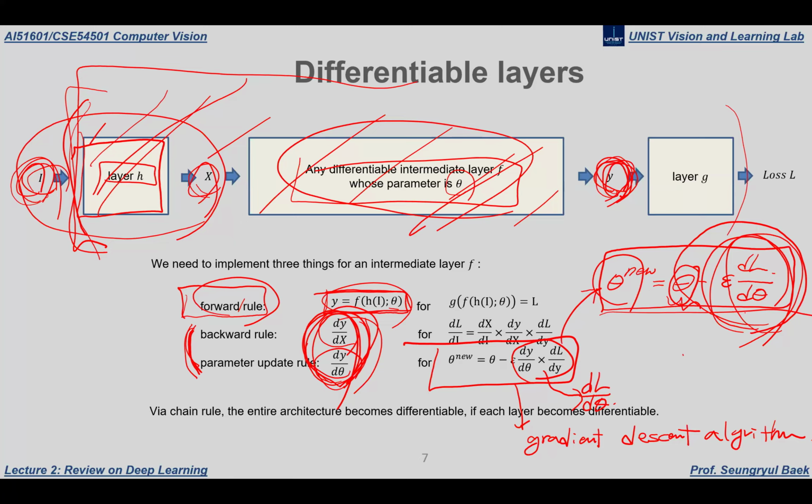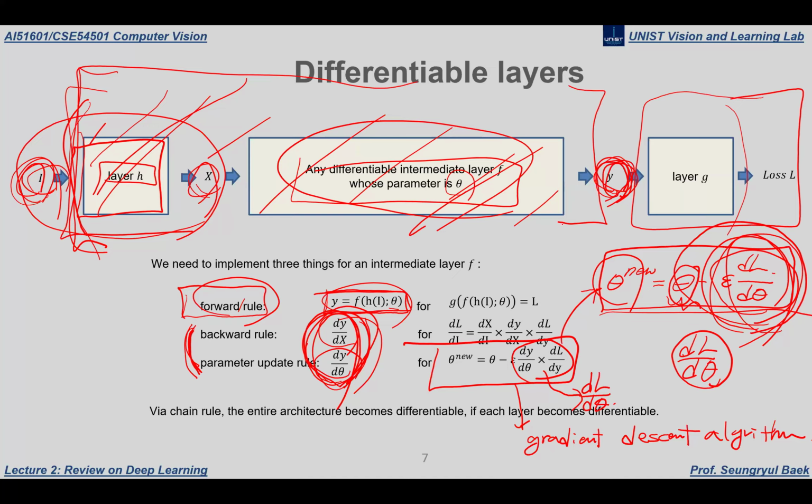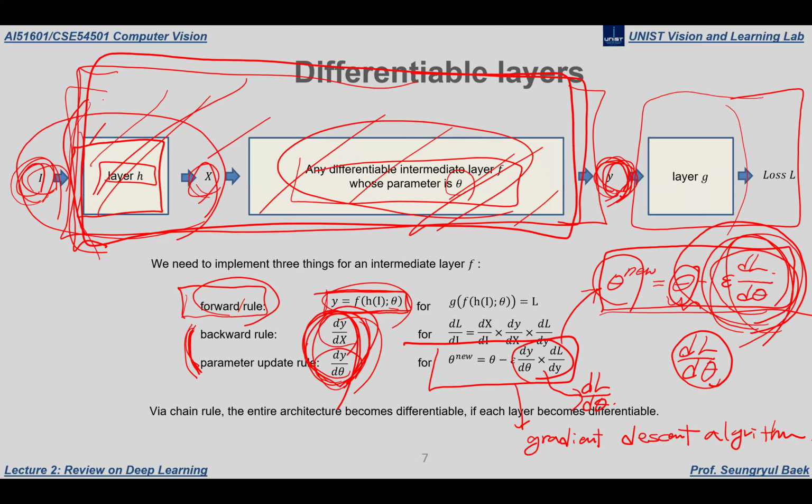And what this dL over d theta means, you have to understand this. From now on, you have to understand what these subsequent layers are also doing. This is the final deep learning architecture, but we add one more layer to it because we want to calculate a loss function. Loss means the difference between the ground truth and the network's prediction.